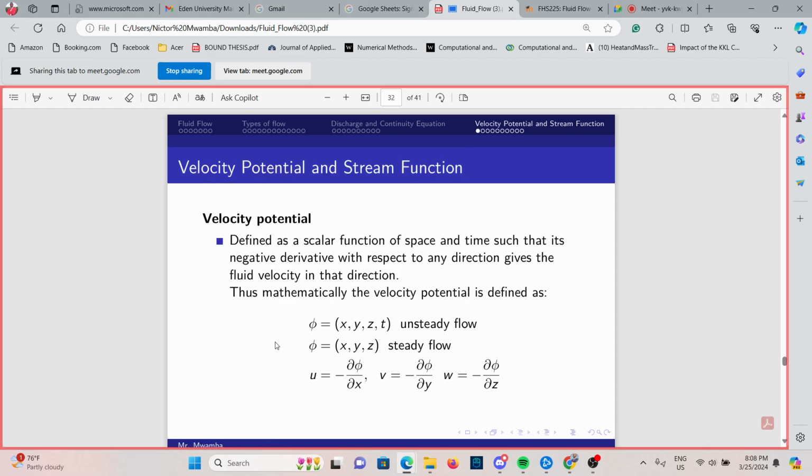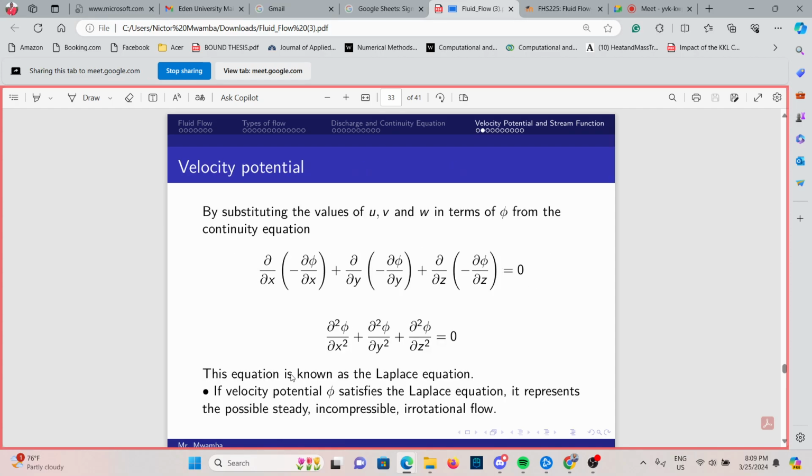But remember, when you have u, v, and w, you can substitute them in the continuity equation, and you obtain this equation here. This means that you are differentiating the second derivative of your velocity potential with respect to x, y and z, and that's why we're having a 2 here, and the 2 down here to represent the second derivatives. When you evaluate this, you get this equation.